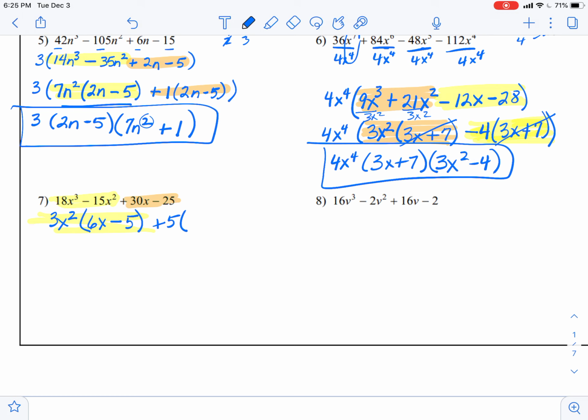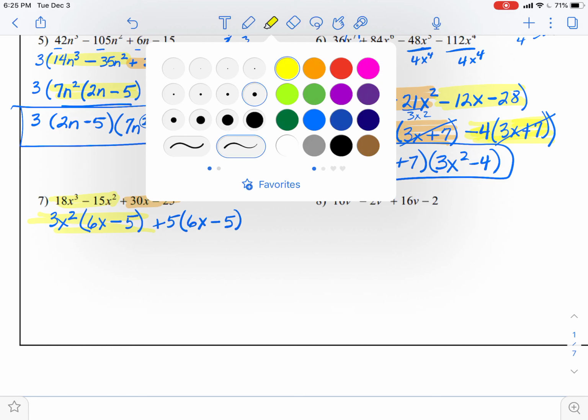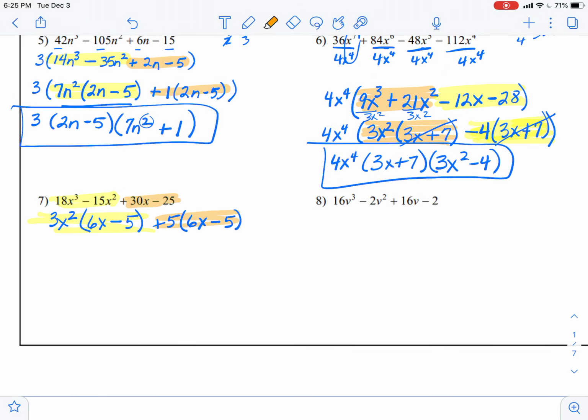And 5 into 30 is 6. And then the x, and 5 into negative 25 would be 5. And again, when you start looking at this, these two things should be the same. If they're not, you've messed up. Or it won't factor. That's your other option.